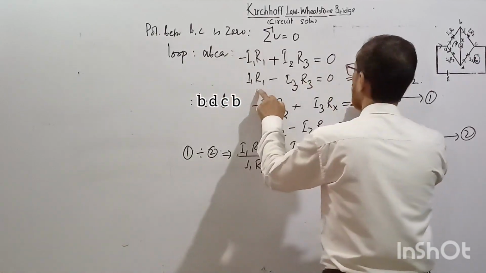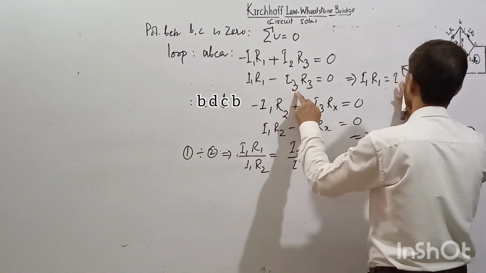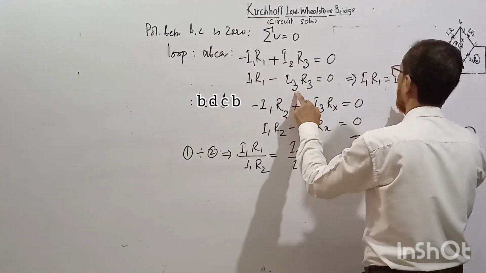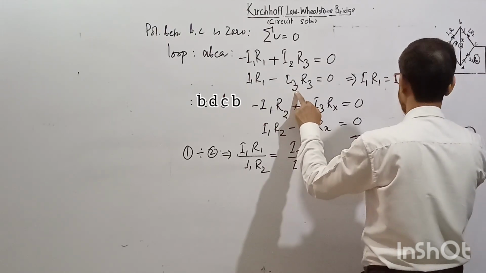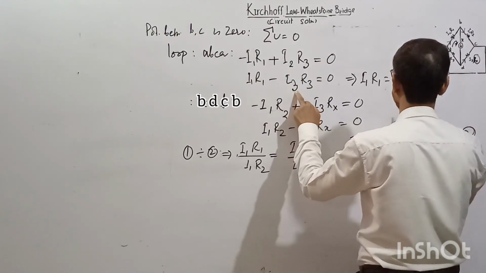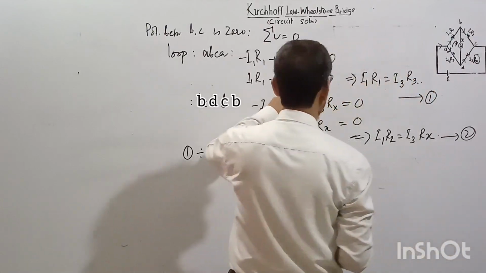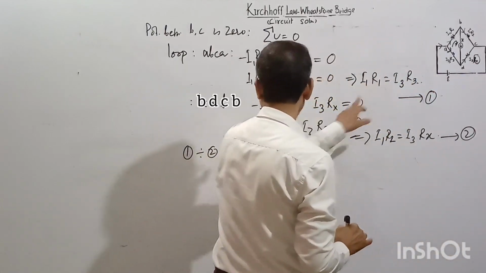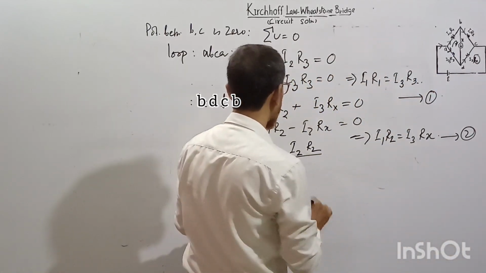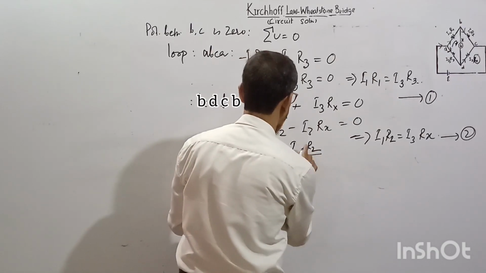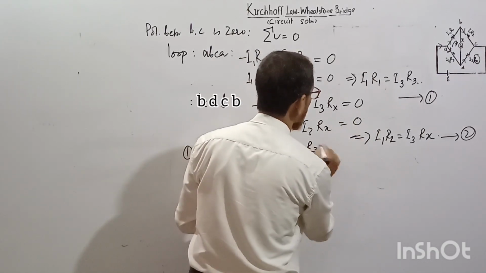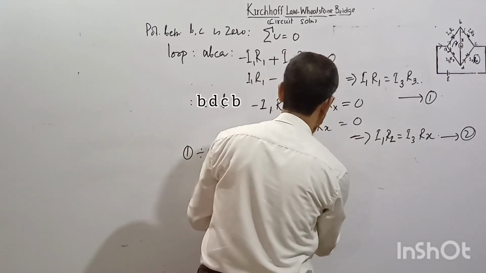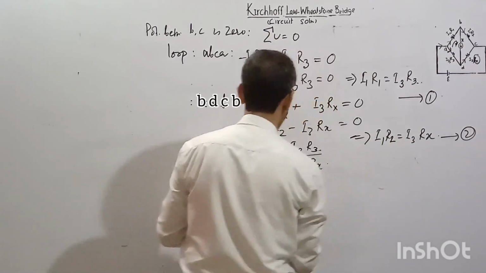So this is I1 R1 divided by I1 R2, and this is I3 R3 divided by I3 Rx.